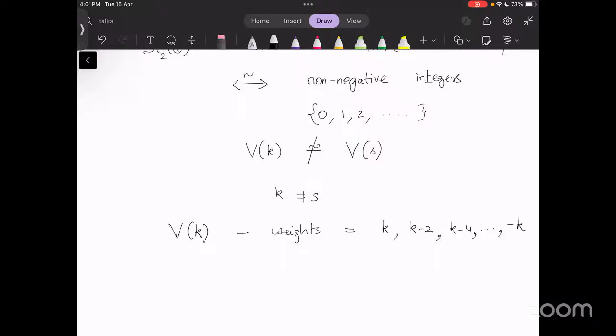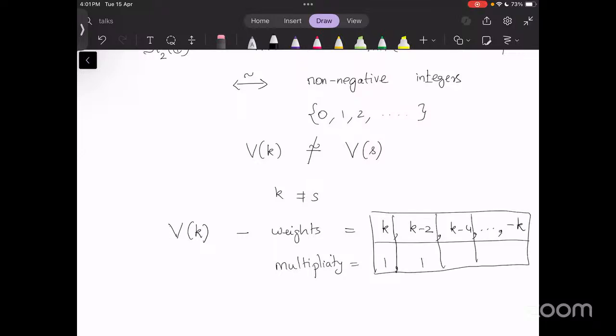And the multiplicity of each of these weights is 1.